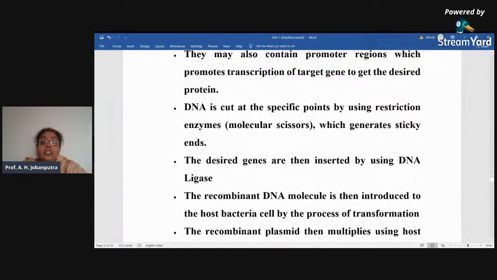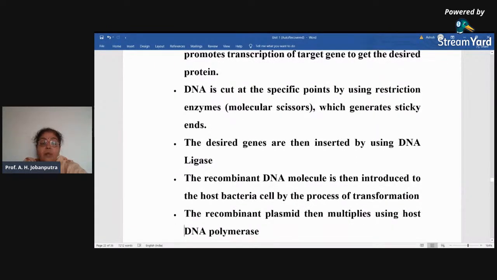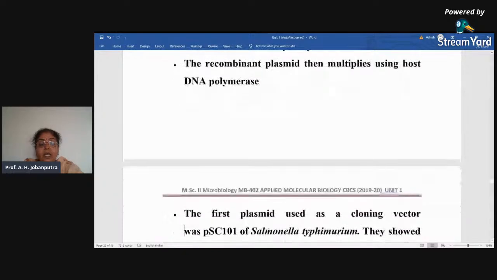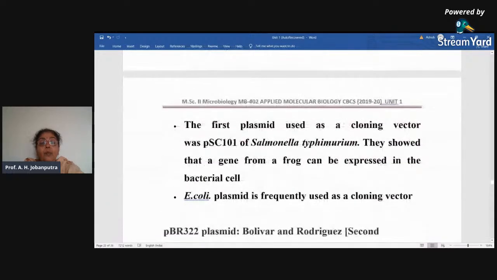Then you can insert the gene of interest with the help of DNA ligase and construct a recombinant molecule, and introduce that recombinant molecule into the host by transformation. And if this plasmid contains the promoter, it will be expressed in the host cell with the help of this promoter. The first plasmid which was used as a cloning vector was pSC101 of Salmonella typhimurium. It is known as the first generation plasmid.